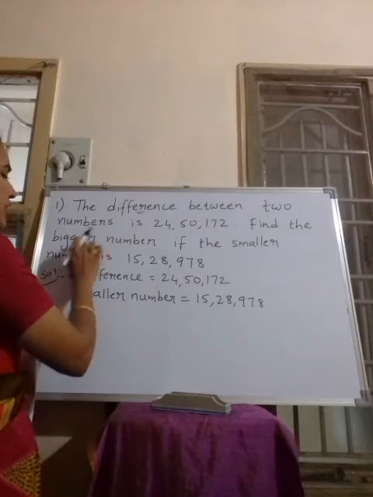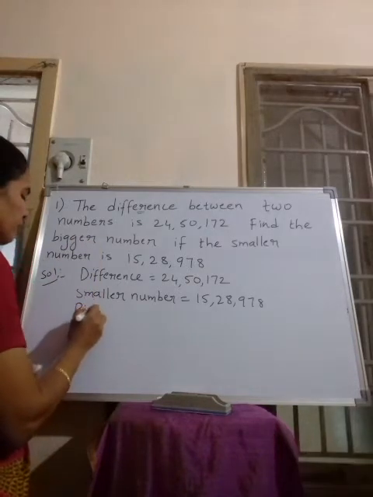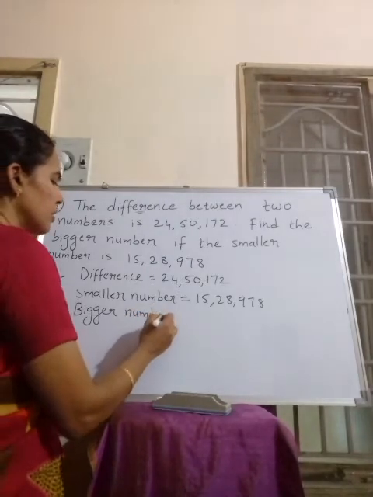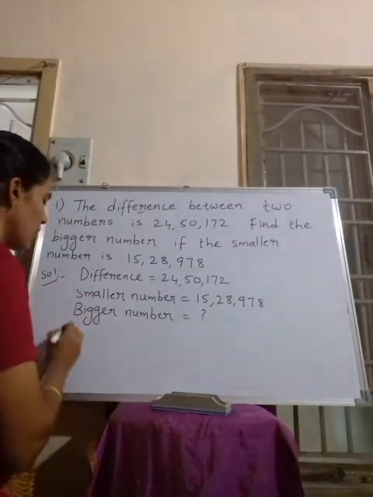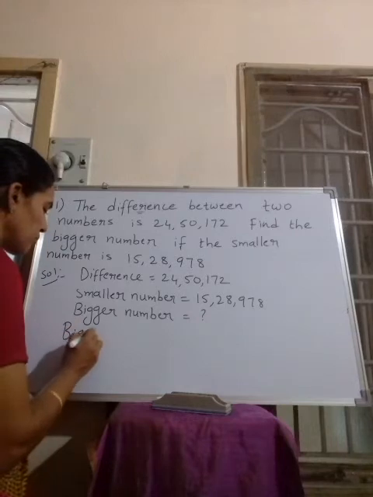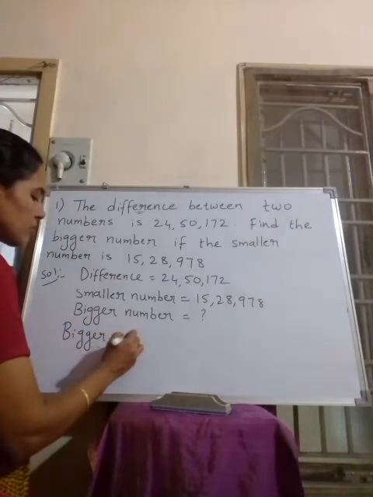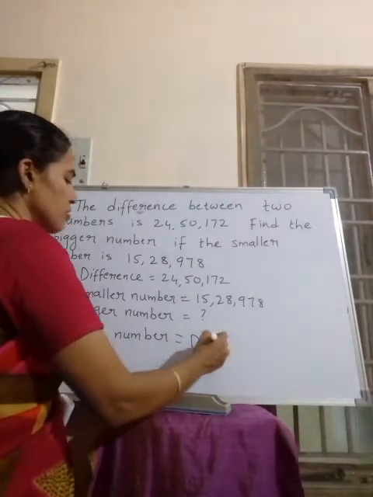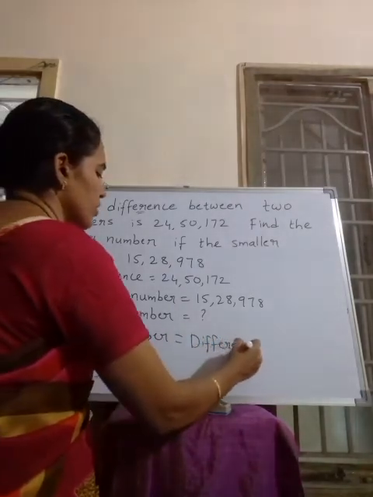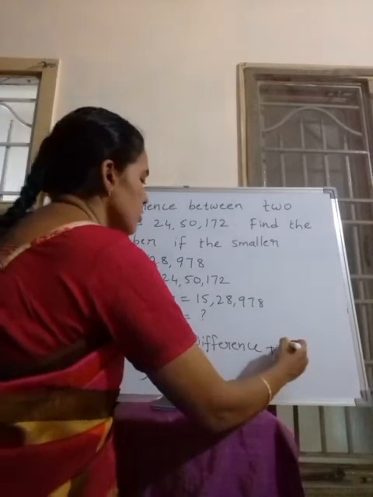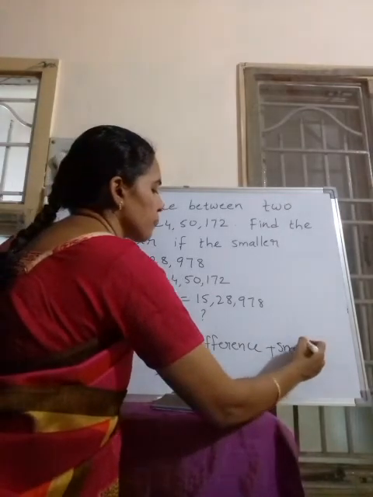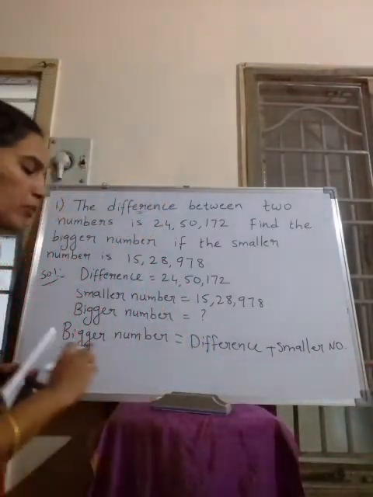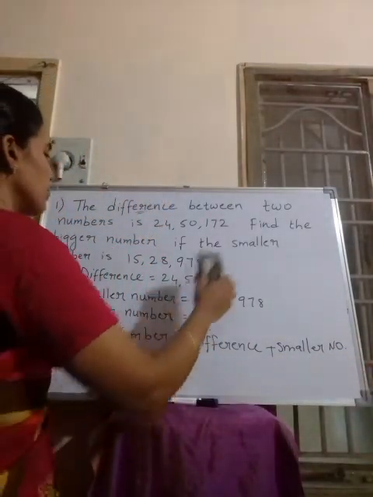We have to find the bigger number. Bigger number is question mark. And how will we get the bigger number? Bigger number means you have to assume it is a minuend. Bigger number is equal to difference plus smaller number. Both if we add, we get the bigger number.